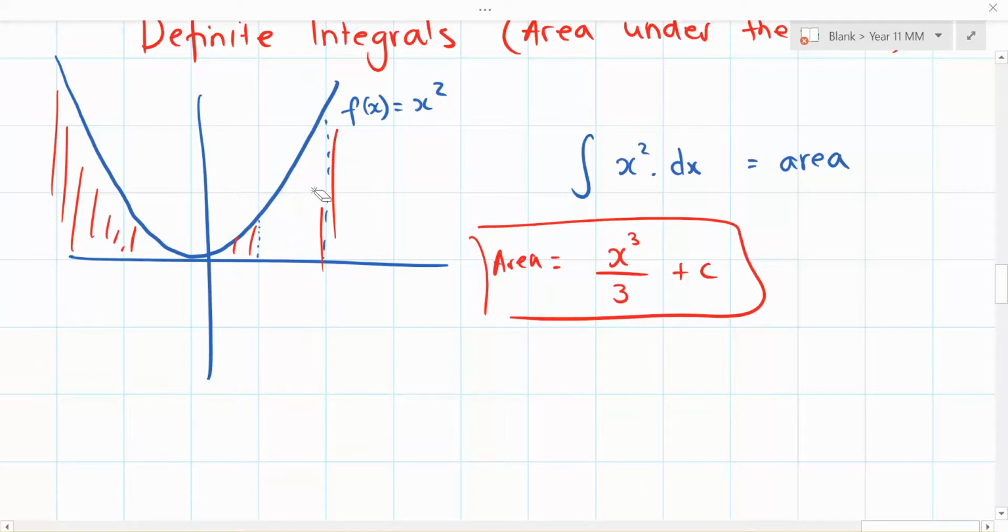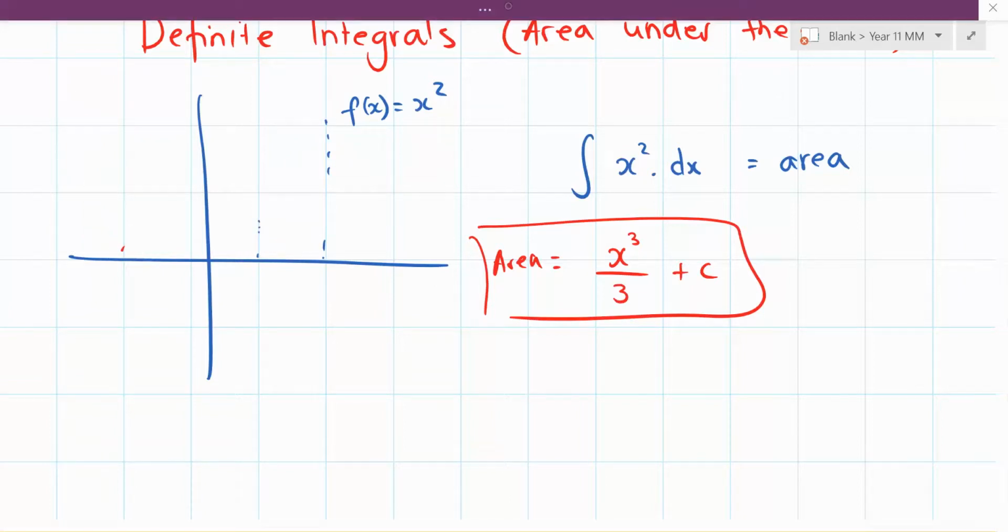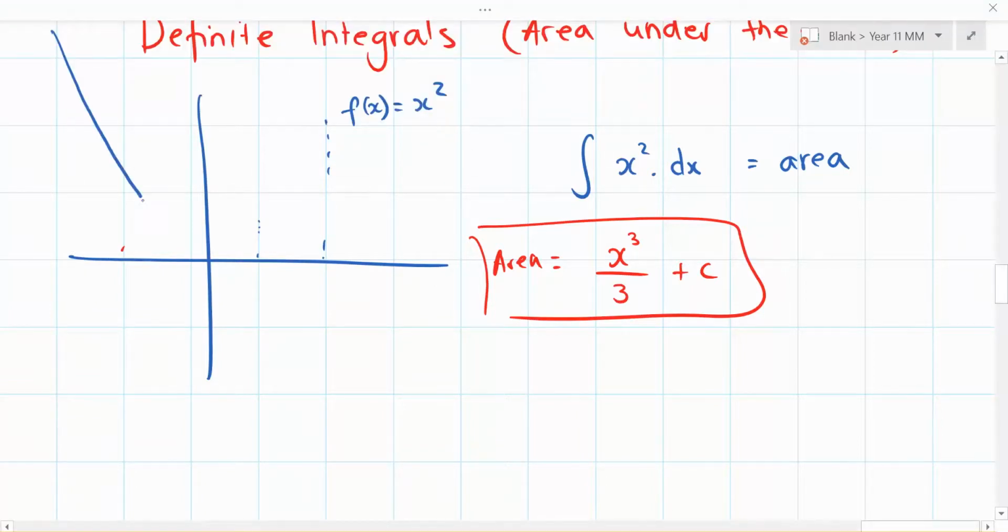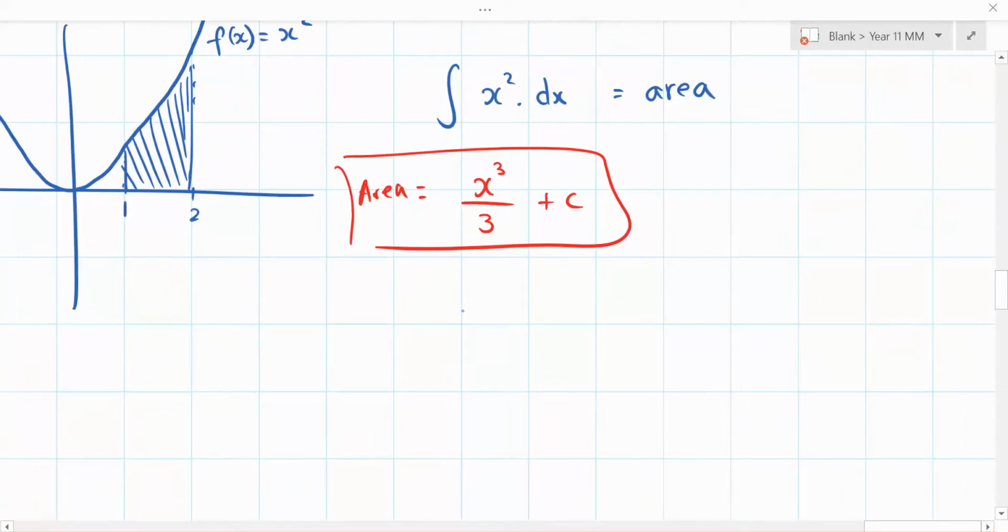So let's say I do tell you from where. Let's say I do want you to find the area under the curve, but from 1 to 2. So let's say this is the area portion I want. Obviously I can change that, but let's say I want it from 1 to 2. Then the antiderivative from 1 to 2, smallest is always on the bottom, highest value on the top, of x squared dx should give me the area.